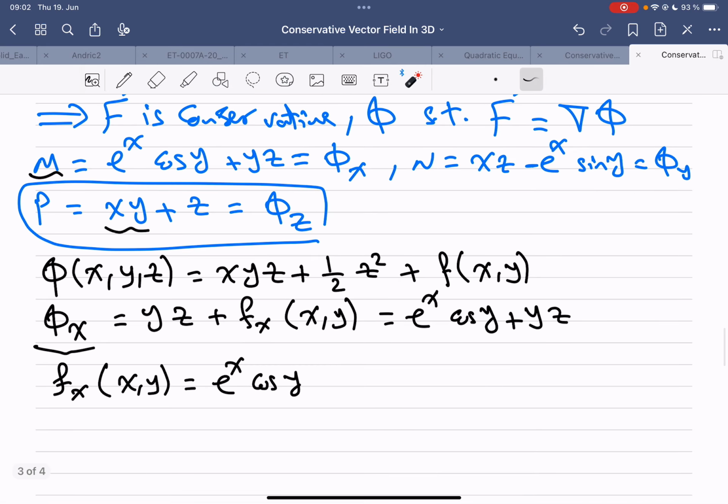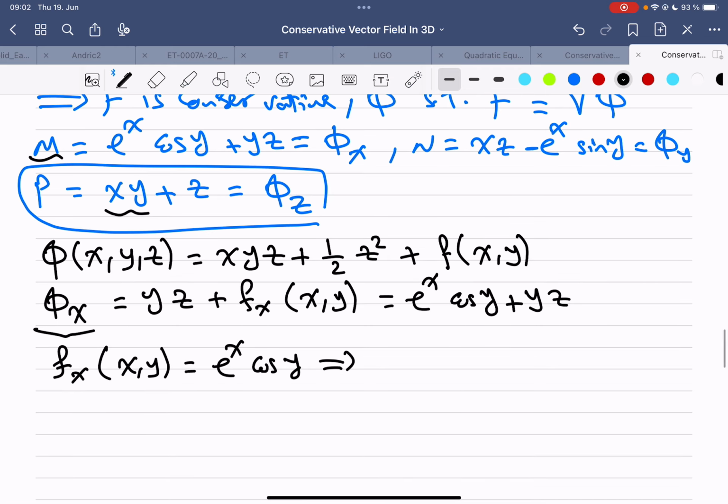If we integrate this function with respect to x, it will give us f of x y equal. Note that you integrate here with respect to x, so this is constant. So it will give you e to the power x cosine y plus some function of y.